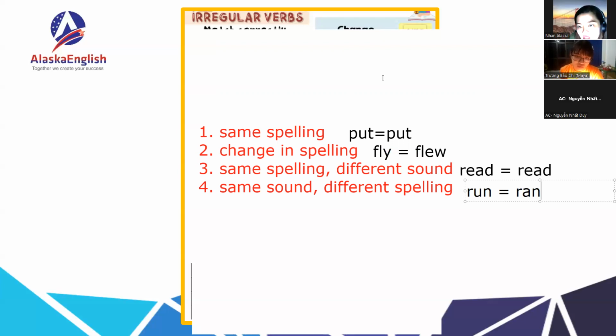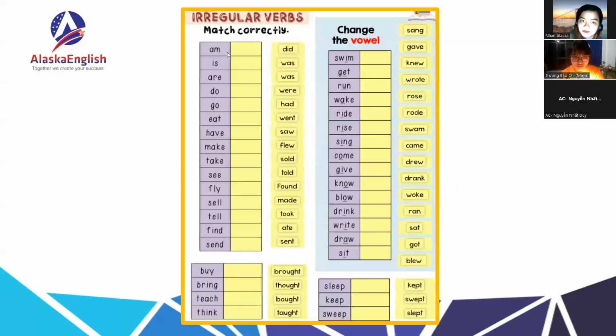So the homework that I gave you is this one. I want you to help Miss Cha identify the past form of the verb. Am is was. Are, is was. Do, did. Go, went.